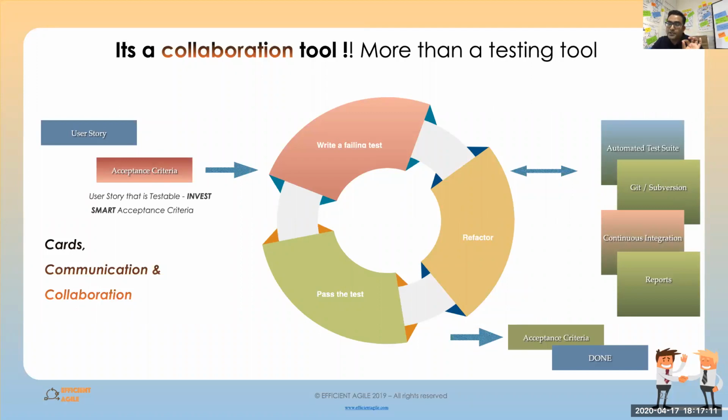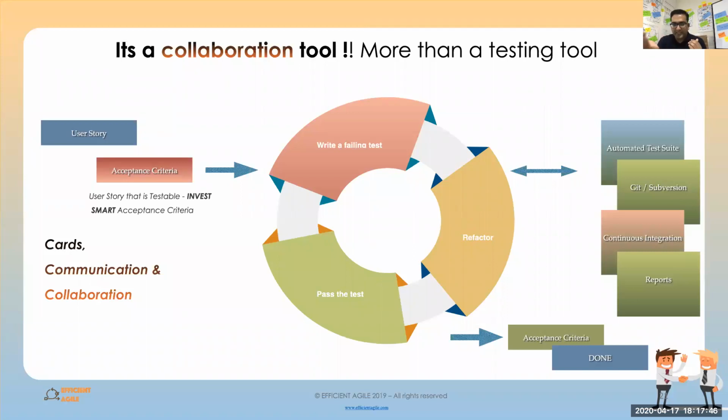So your stories should follow an invest criteria. When I say invest, it's about how your stories have been written. They have a model. I stands for independent, negotiable, and if it's valuable, if it's estimable, and if it's small and it's testable. Now with this, you have to take into the 3 C's: the cards, the communications, the conversations, and the collaboration. You have your tests written in the BDD format.